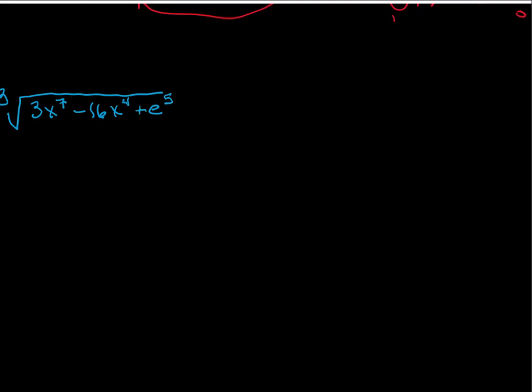Real fair question on next week's quiz is, what's the derivative? Well, the first thing I'm going to do is write this in a form where it's easier to take the derivative of this.